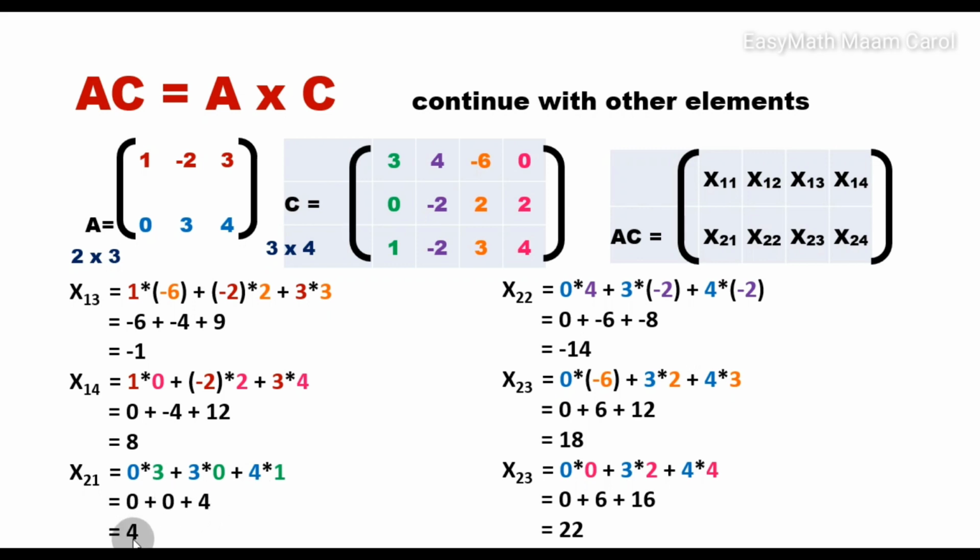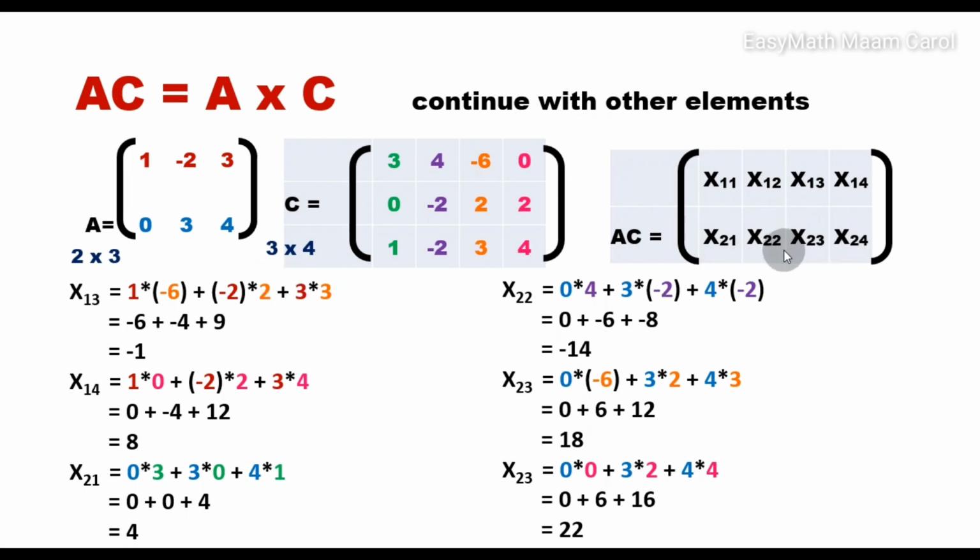The answer is 4. Doon naman sa second element, we multiply 0 by 4, 3 times negative 2, and 4 times negative 2. So, yan yan. So, the product would be 0, negative 6, and negative 8 from here.